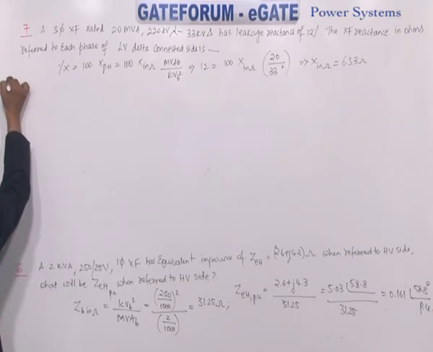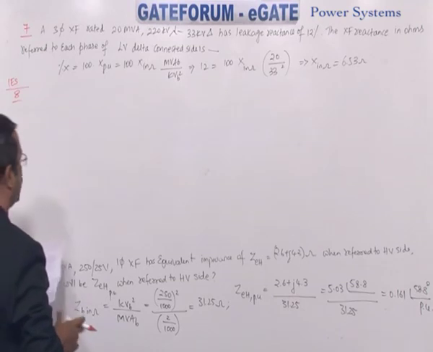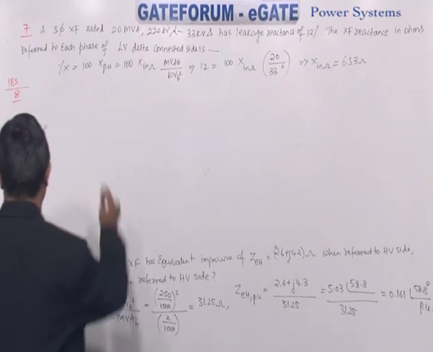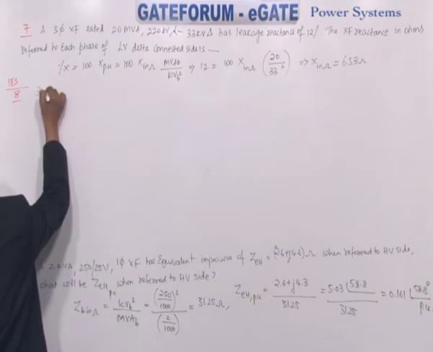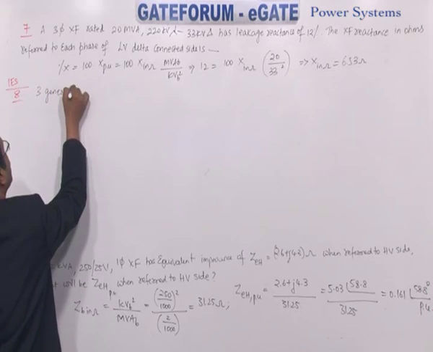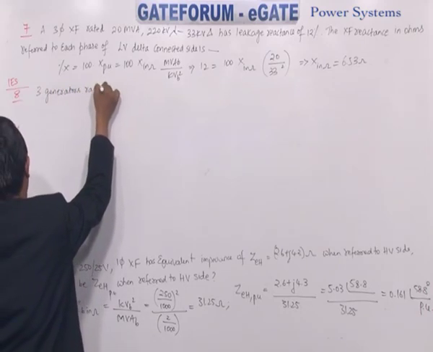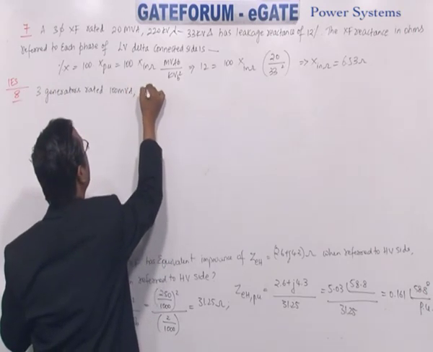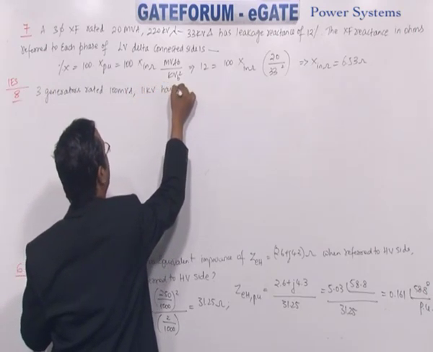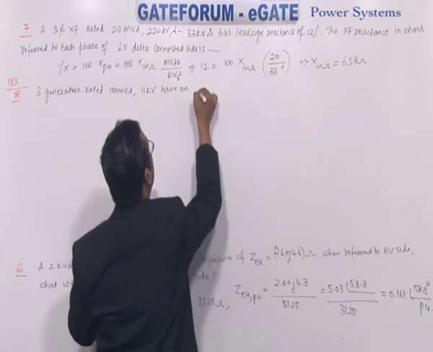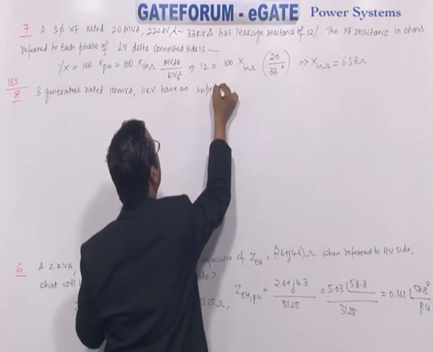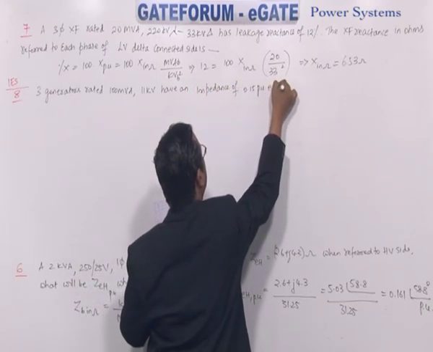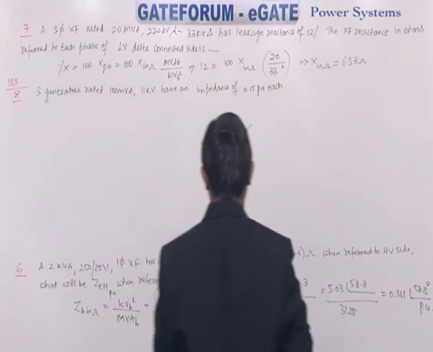And now we solve this next one. This is asked in one of the IAS question papers. Three generators rated 100 MVA, 11 kV have an impedance of 0.15 per unit each.